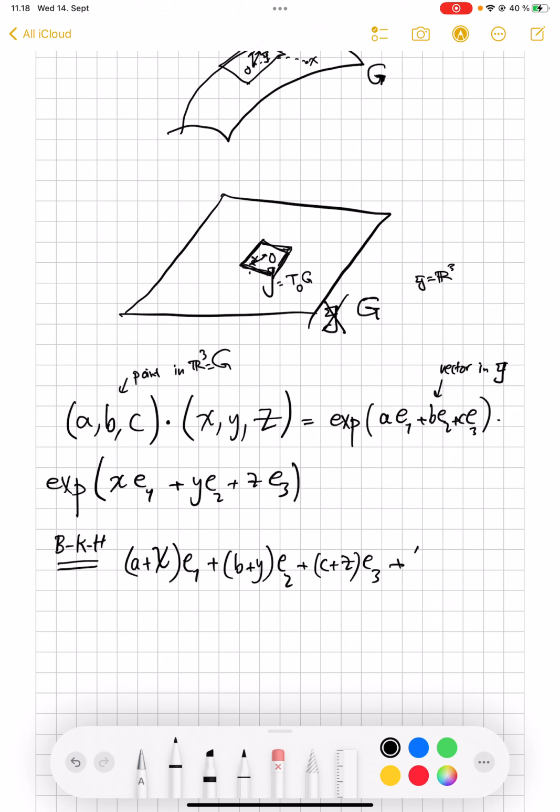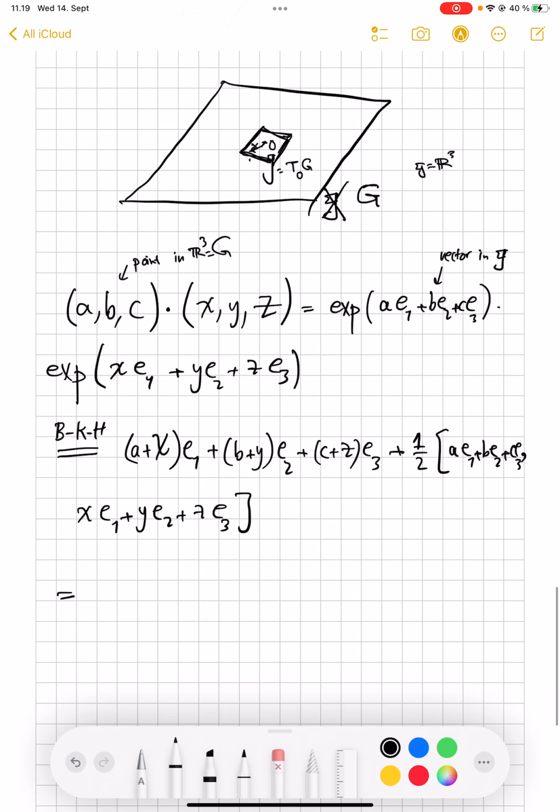And then you have 1/2 the bracket of them. So this will be, let's write this out, bE2 plus cE3 bracket xE1 plus yE2 plus zE3. But what survives this bracket?